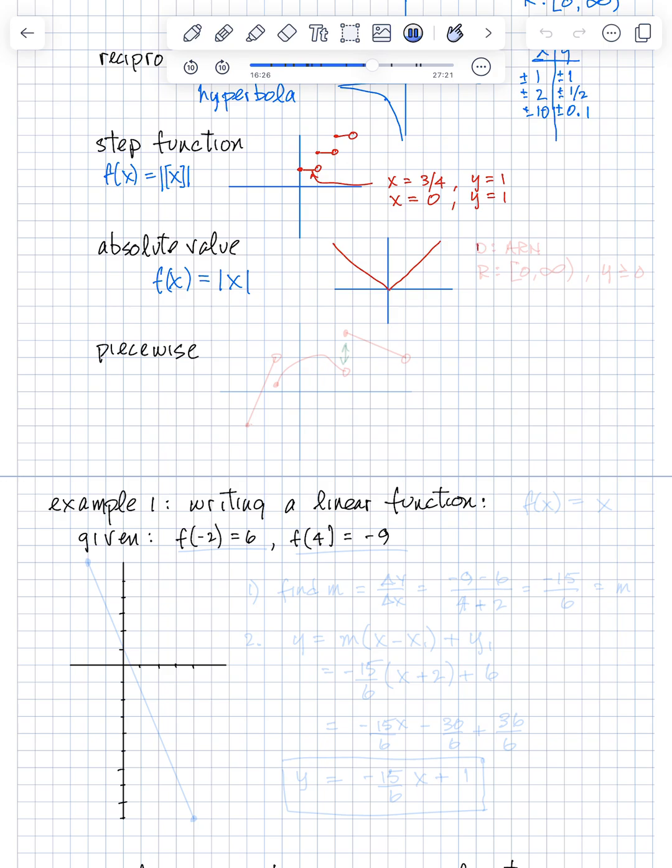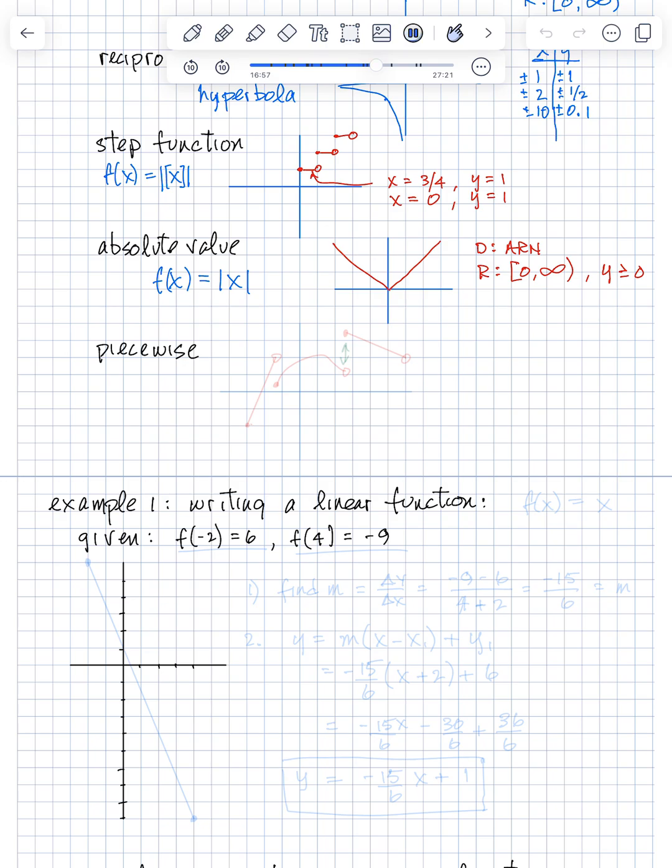So what's the domain? Domain is all real numbers. And the range is 0 to infinity. You could also write the range as y is greater than or equal to 0. Both of them mean the same thing.